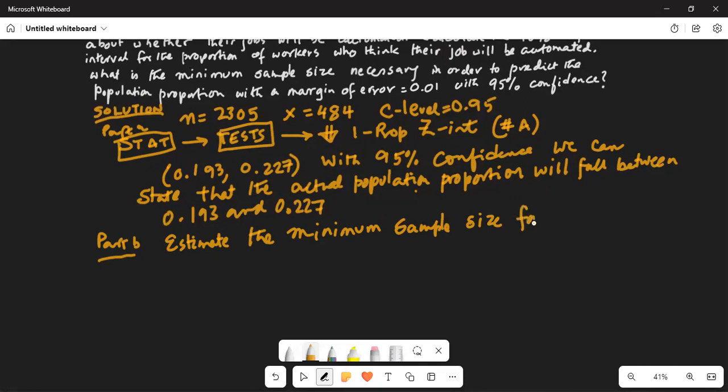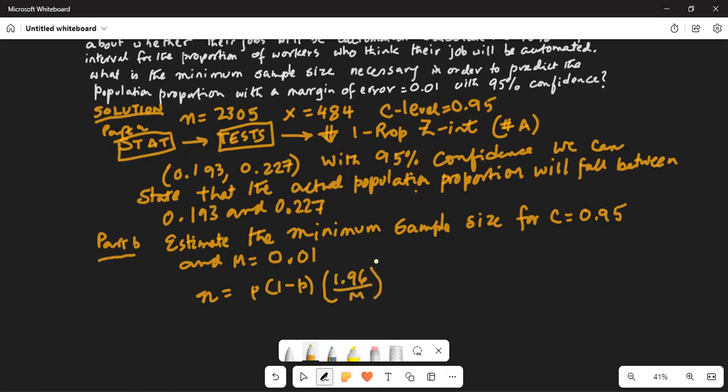For C equal to 0.95, that is the confidence level, and margin of error equal to 0.01. Okay, the formula for minimum sample size is N equal to P times 1 minus P multiplied by 1.96 divided by margin of error, the whole thing squared.